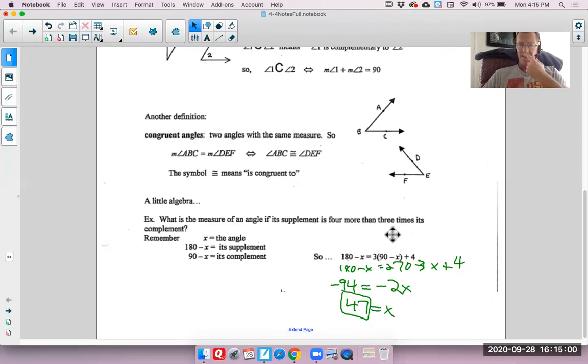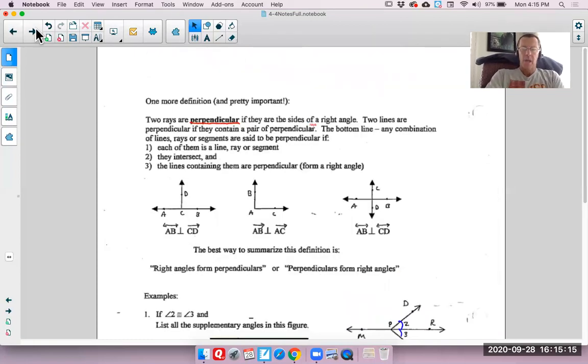Is that 4 less than what the supplement was? Remember, the supplement was 133. 133 is 4 more than 129. So yes, it does work. Check, check.